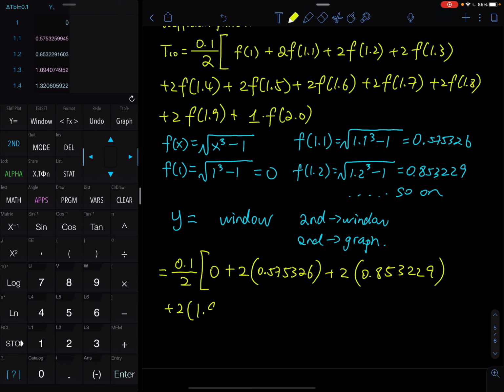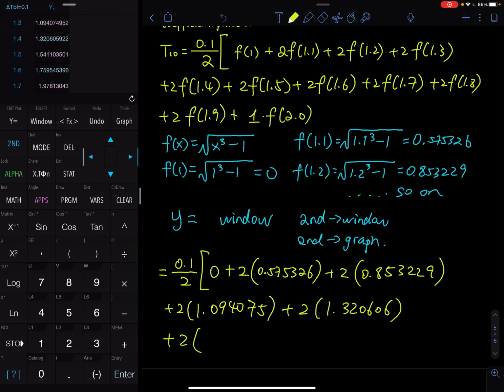1.09, 40, 75, 6 decimal places. And then the next one, you have 2 times 1.320606, and then the next one you have 2 times, so let's go down, 1.5, and then you have 1.54, 1106, and then you have 1.75, 95, 45.